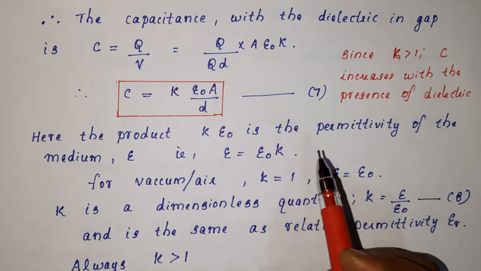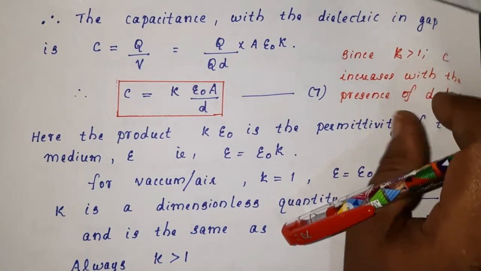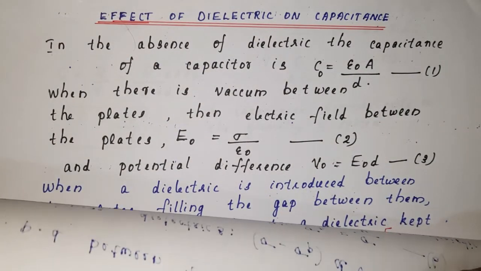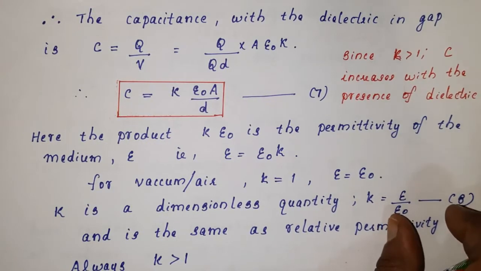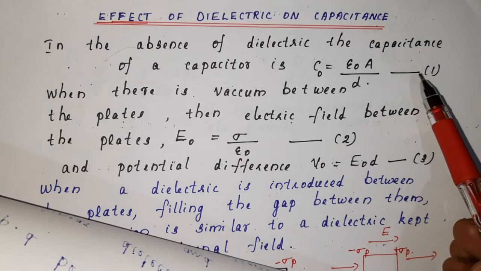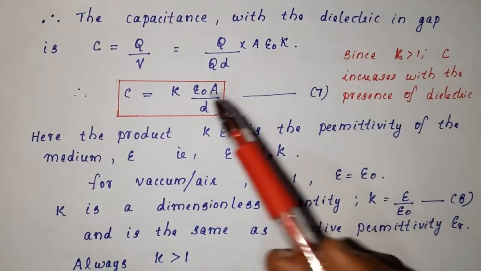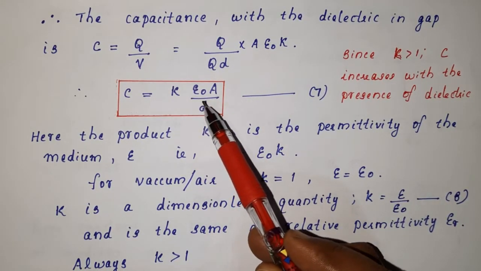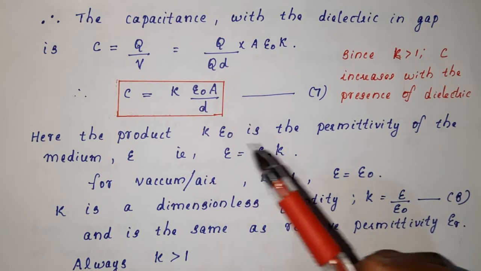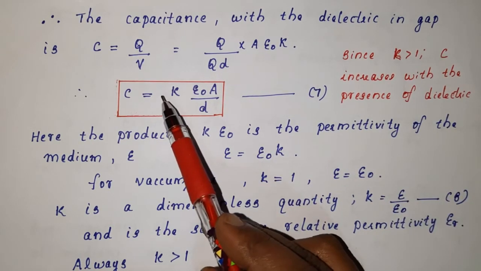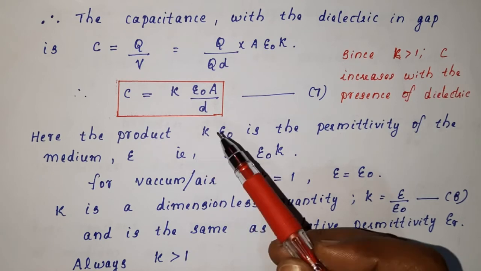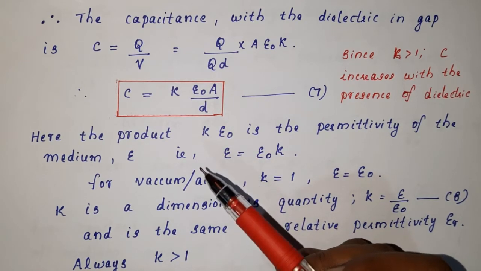So we can compare once again. In the absence of dielectric, we got C equal to epsilon 0 A by D. In the presence of dielectric, what is the expression? K epsilon 0 A by D, where K is the dielectric constant. So in short, for a given capacitor, its area and separation between the plates will be the same, no?